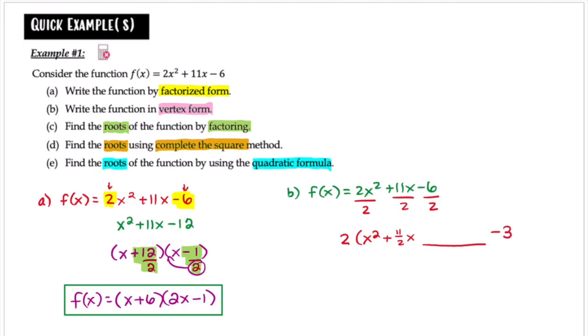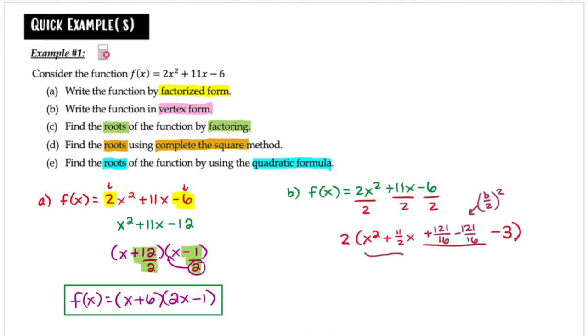To fill in that blank, we take B divided by 2 and square it. So I do see it's a non-calculator question, but I am actually going to use my calculator for this. And I get plus 121 over 16, keeping it balanced, minus 121 over 16.